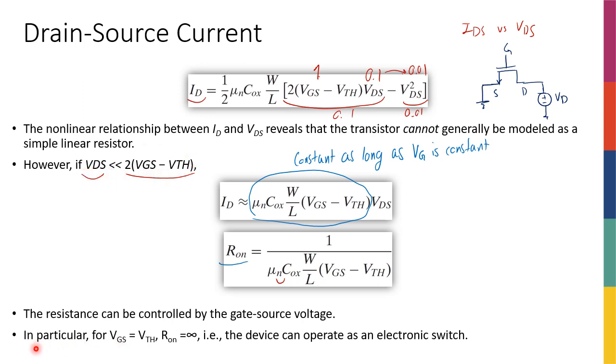And if I make VGS equal to VTH, this on resistance becomes infinity, meaning that at this point my transistor is not on yet, so I don't have any channel, and the resistance between drain and source is infinity.